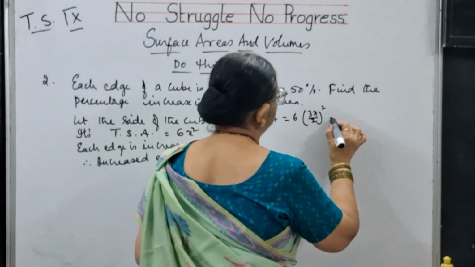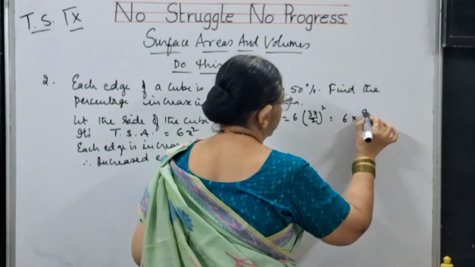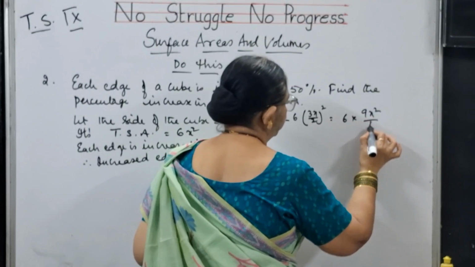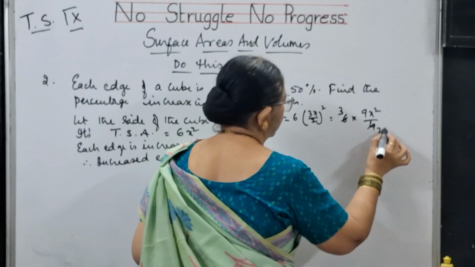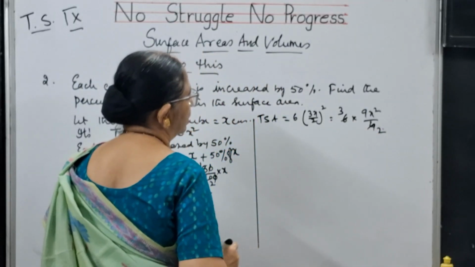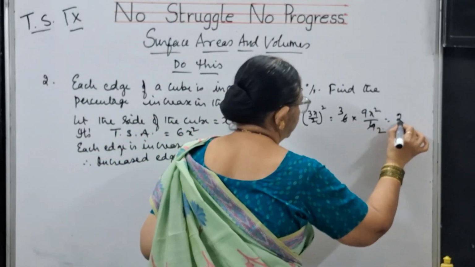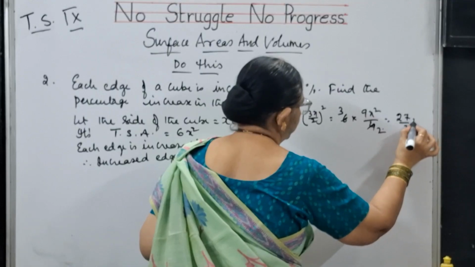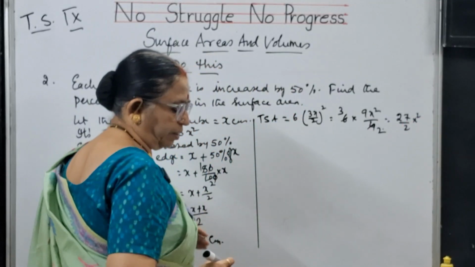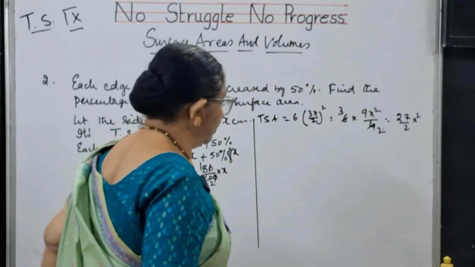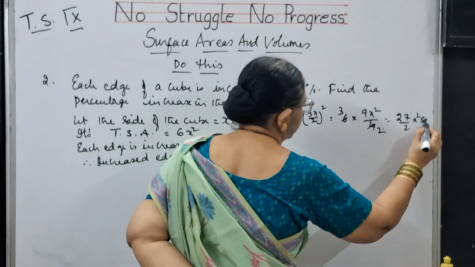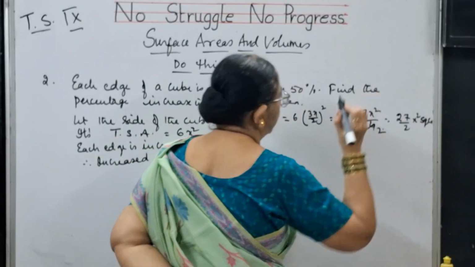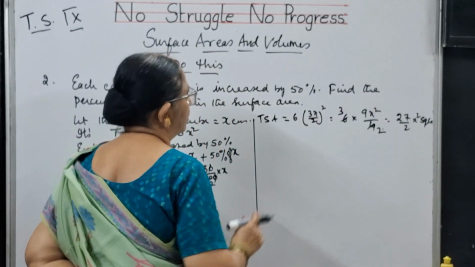That means how much are you getting? 6 into 9x square by 4. 2 twos are 4, 2 threes are 6. I will be getting, that is how much? 27 by 2 x square. 27 by 2 x square is the TSA, square centimeters. Writing units is very important, children.